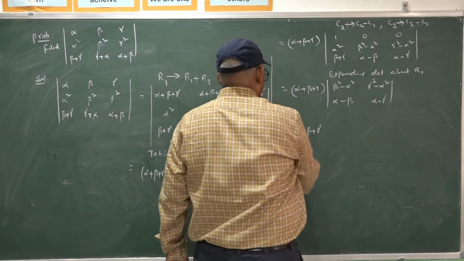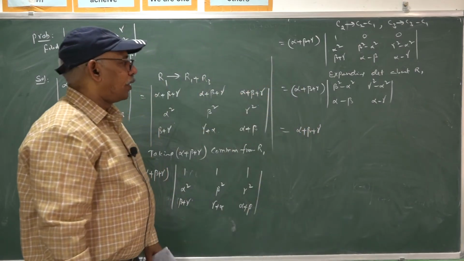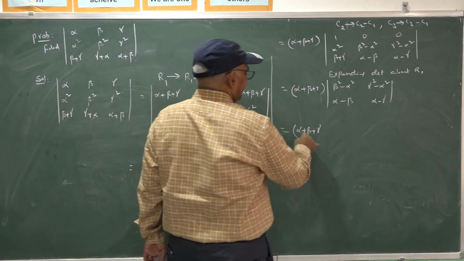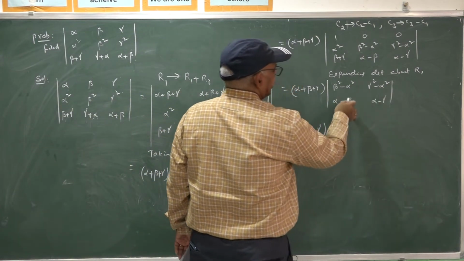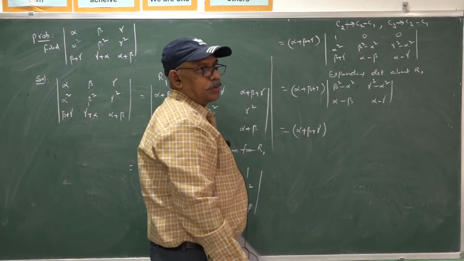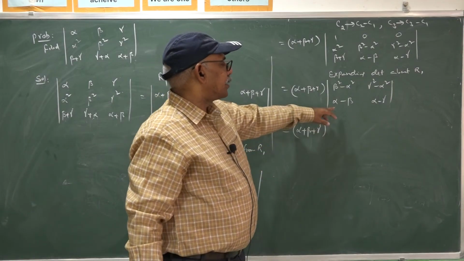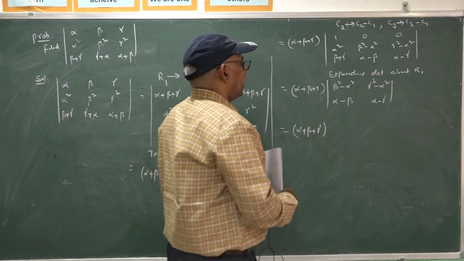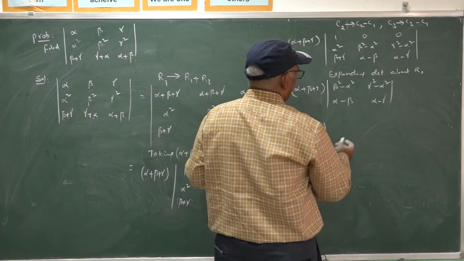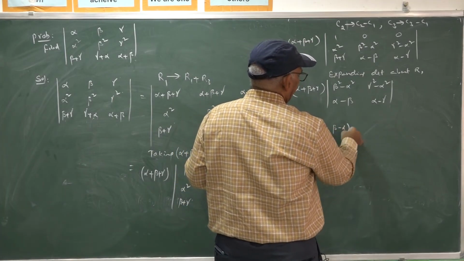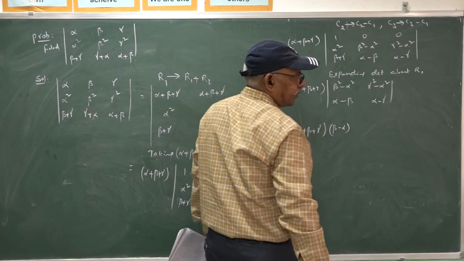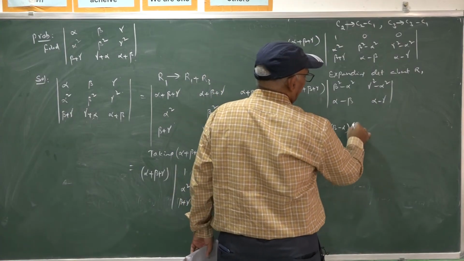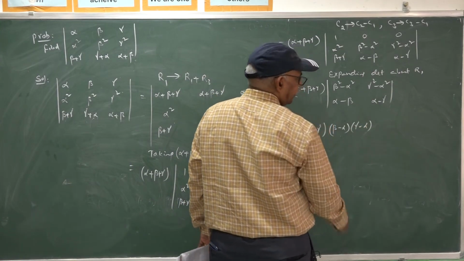Now that is alpha plus beta plus gamma into, from this you can take alpha minus beta, or beta minus alpha, as common. Take beta minus alpha as common from C1 and gamma minus alpha from C2.